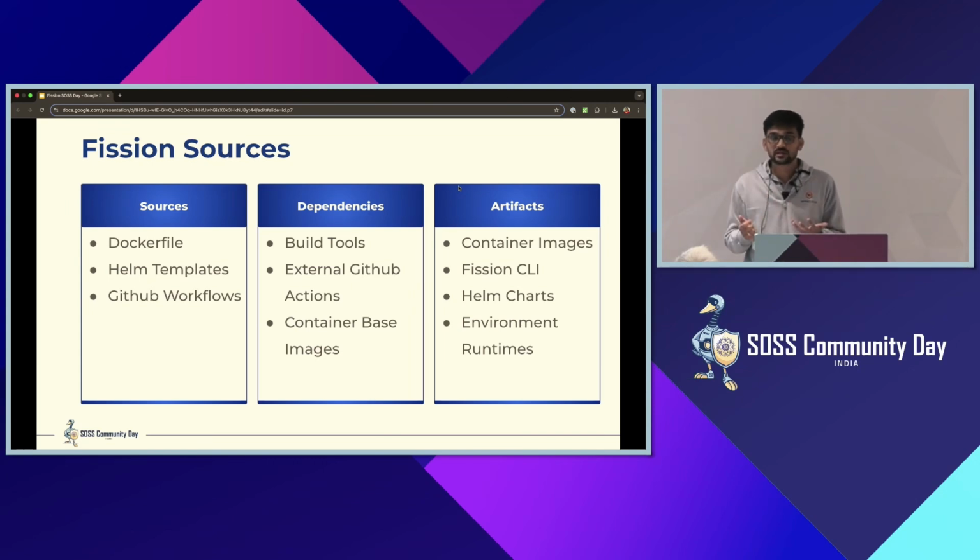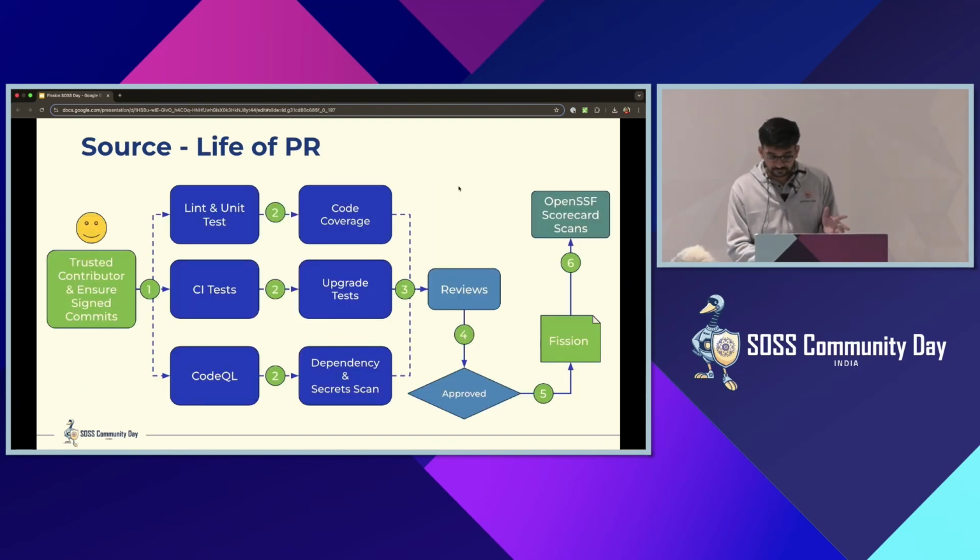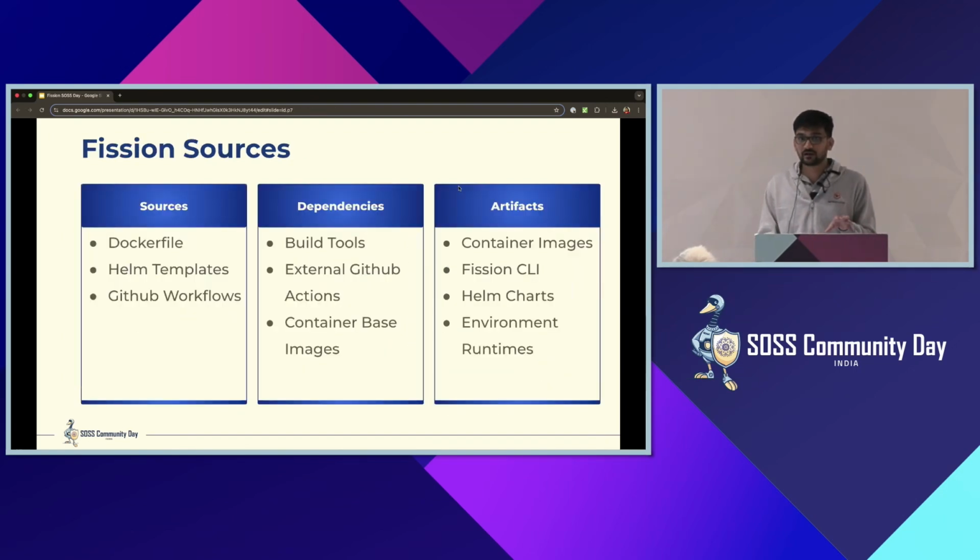There are different Helm charts, which are a packaging layer that helps you deploy your microservices on Kubernetes. And we also provide different environment runtimes, which are used to run different functions on the Fission platform.